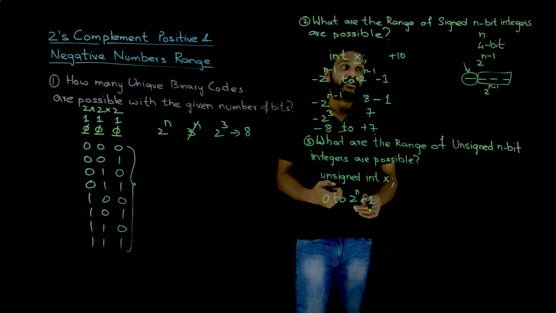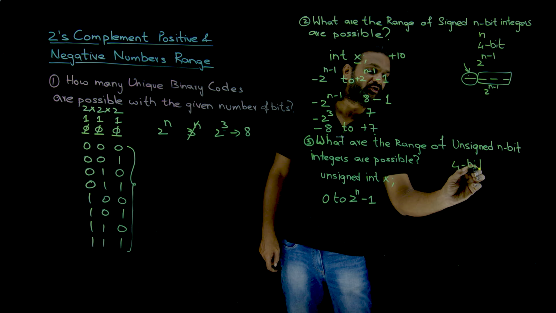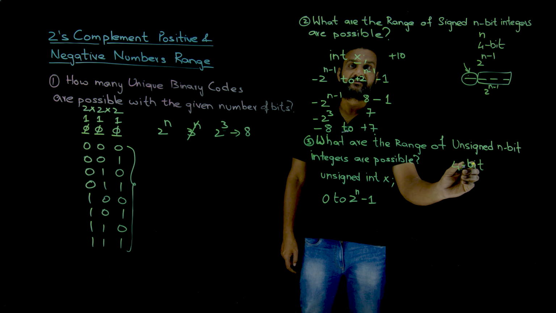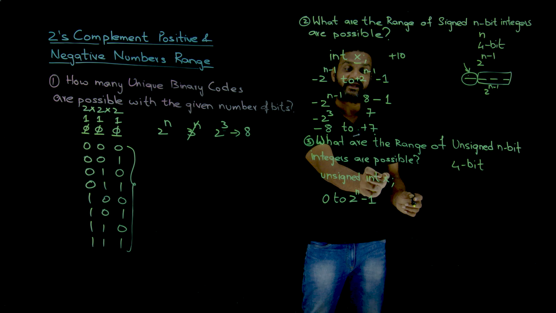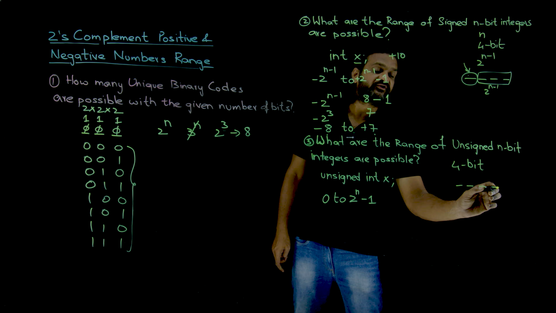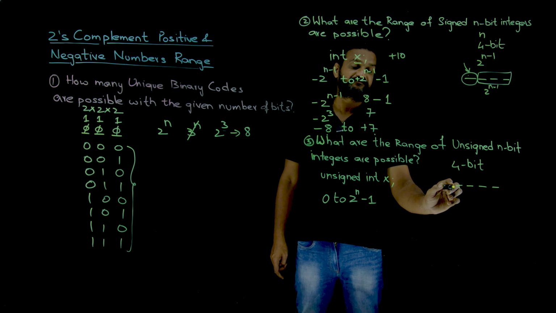It is very simple. Let's assume we take the same example of a 4-bit computer. Now for this 4-bit computer, the range of positive numbers that are possible for this variable X: all the 4 bits are used for magnitude. We are not going to assign the last bit for sign.